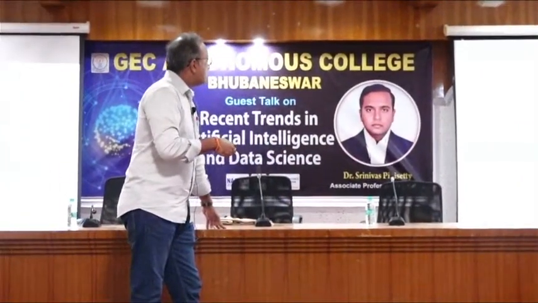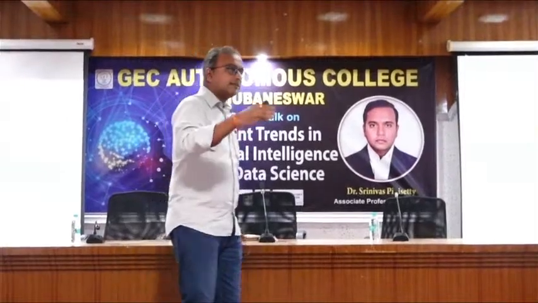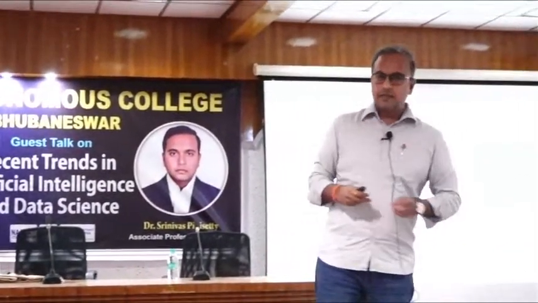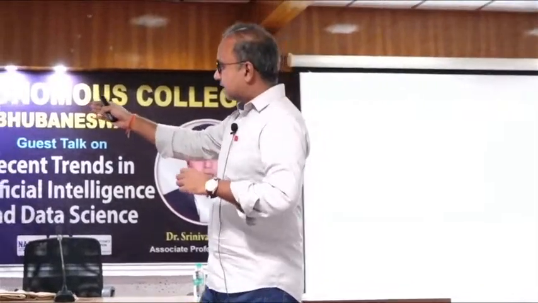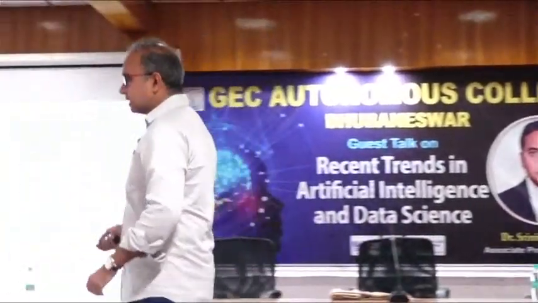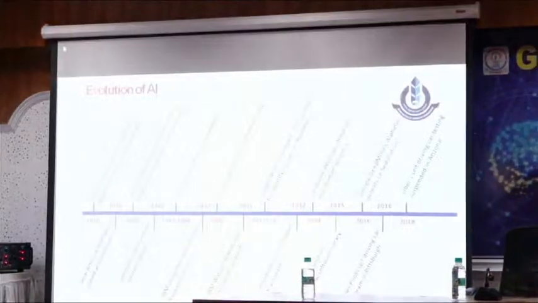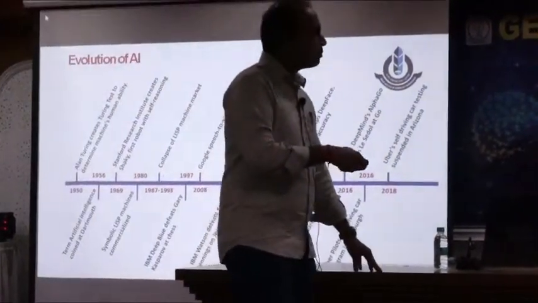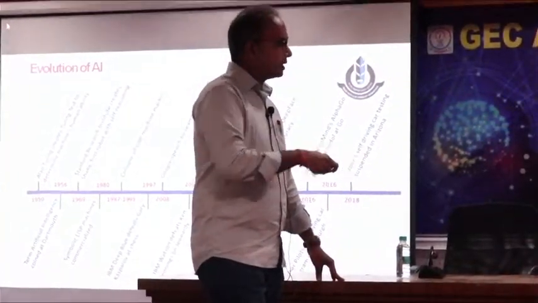And I just wanted to mention very briefly how this field evolved, starting from 1950. As I said, the first seeding of this was through the Turing test, which I just described, proposed by Alan Turing.